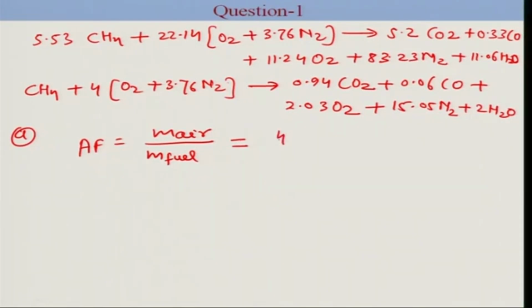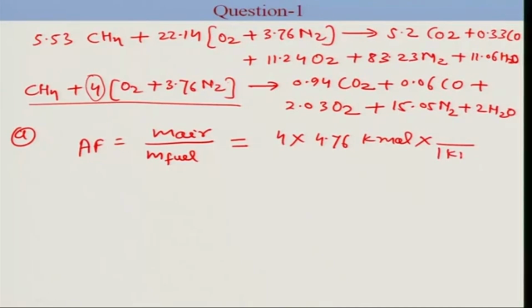The stoichiometric coefficient of this reaction, if you see, is 4 for air multiplied by total kilomole of air, which is 4.76 kilomoles, and since 1 kilomole of air contains 29 kg, divided by mass of the fuel, that is mass of carbon plus mass of the hydrogen.